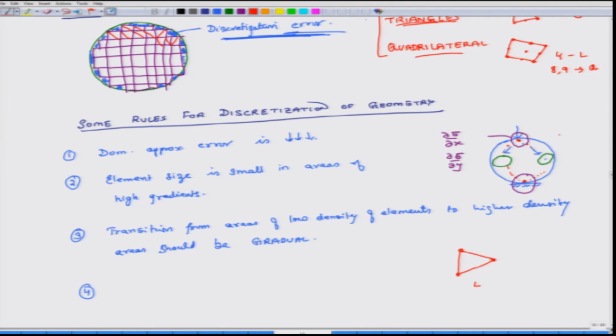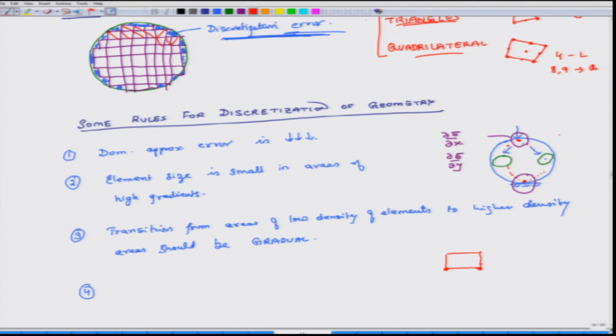Now, suppose this is the adjacent element, and then there is a third element here. Actually, this will be better if I use rectangular elements.